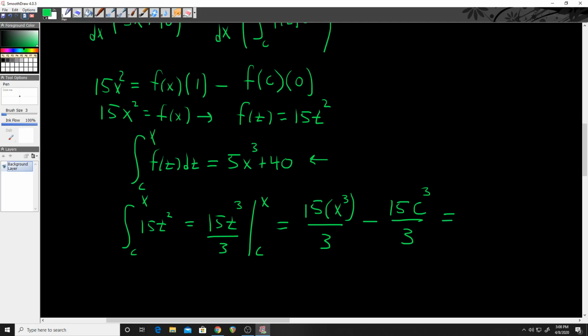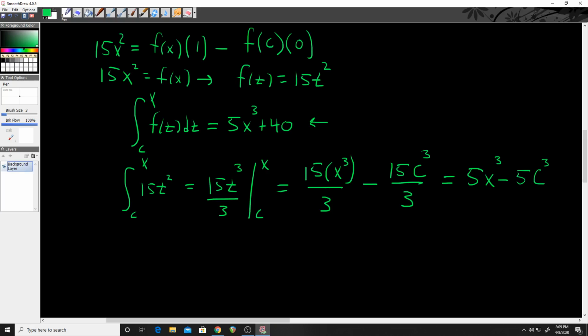First let me just do some algebra. 15 divided by 3 is 5. So we get 5x cubed minus 5c cubed.